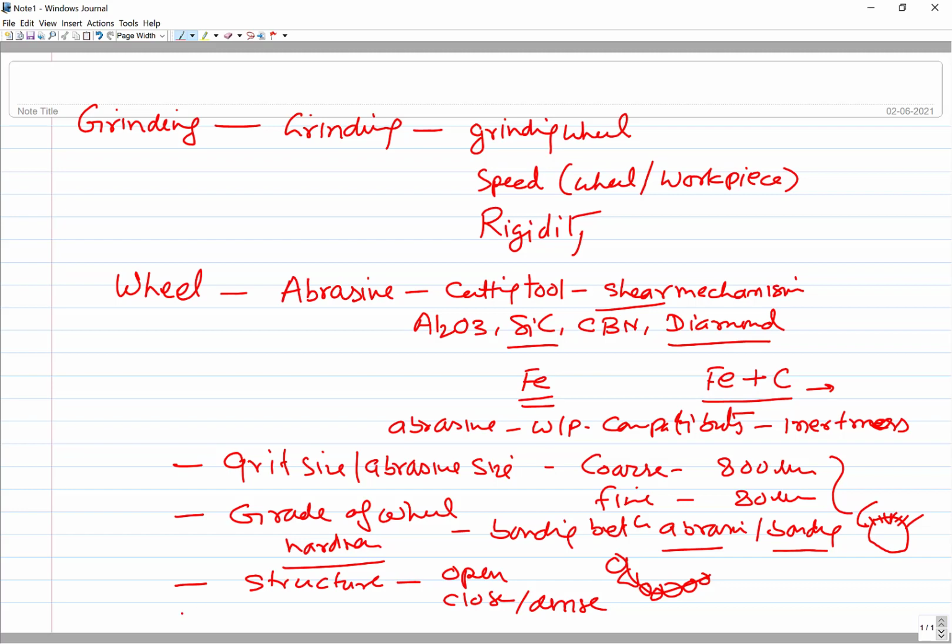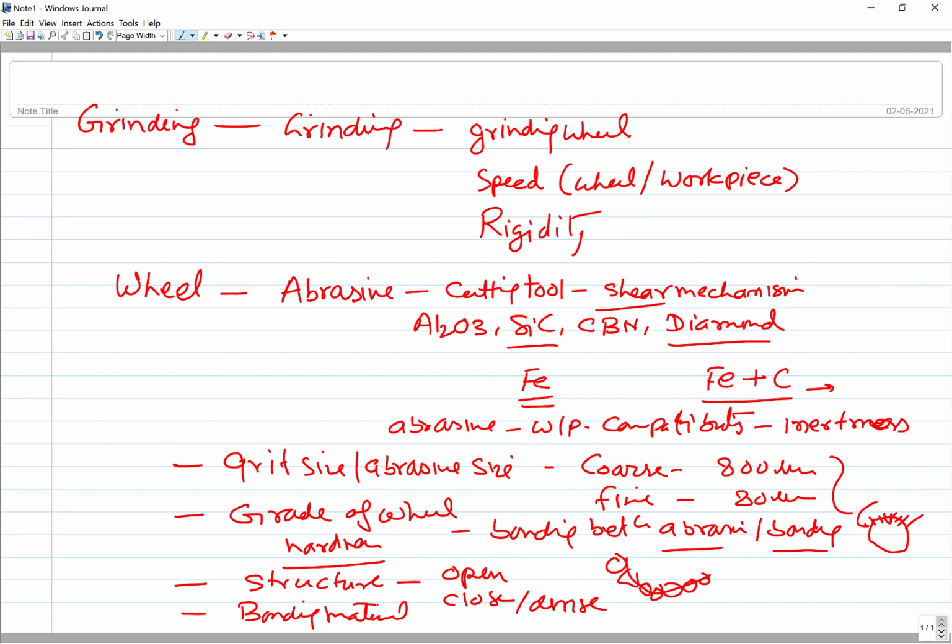And lastly, the fifth important aspect related with the wheel is the bonding material. Means the material which is used to hold the abrasives in a particular shape, which may be in the form of paper, a wheel, or a small strip also.